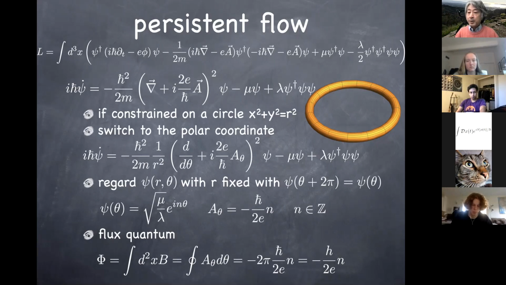Just like in quantum mechanics, the stationary state actually does not depend on time, in the sense that the physics remains constant over time. So in the same spirit, this flowing current as a whole is a static solution to the field equation. So it doesn't evolve over time. This is really a situation where physics remains the same as a function of time. So that's the time independence of the solution over here. Does that answer your question?